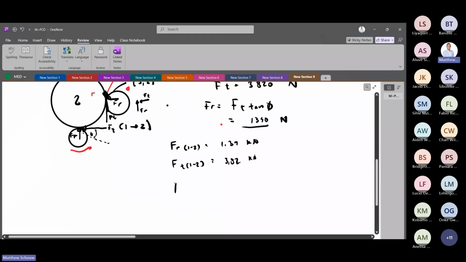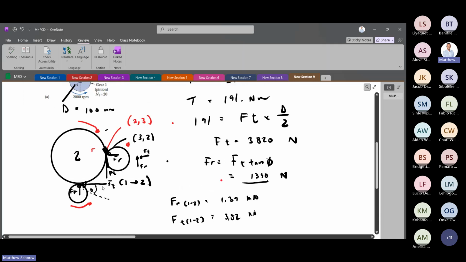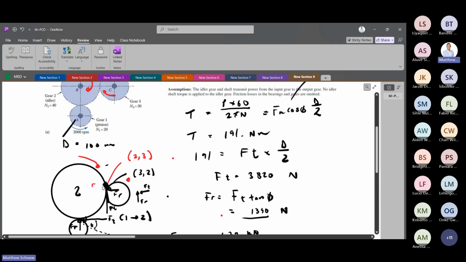Then we want to check FR from gear 3 acting on gear 2, and FT acting from 3 to 2. What's key here is, again, the gears acting on gear 2.